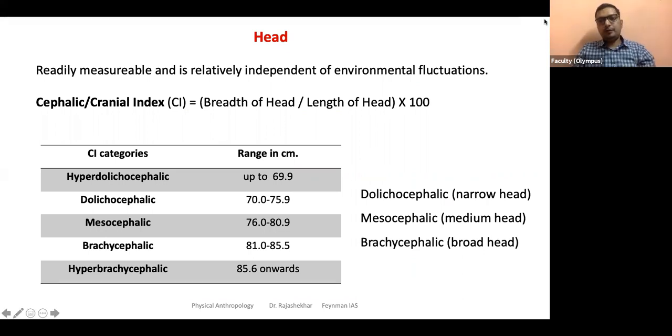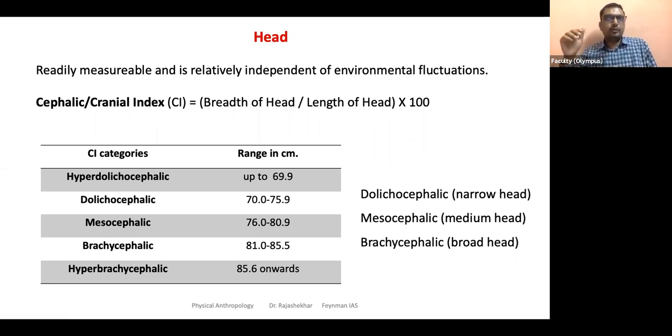Okay, I'm going to give you some brief ideas on this. Next, we are going to take a few anthropometric measurements. They are of a quantifiable nature, those metric characteristics. What are they? Like cephalic index, head dimensions, measuring head dimensions.